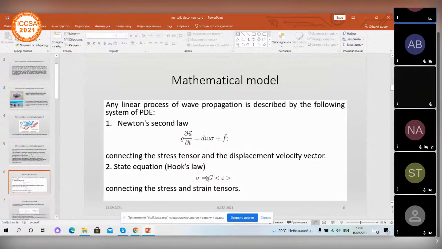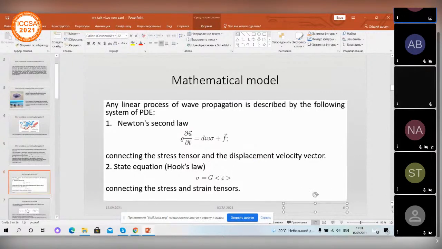So the wave propagation equations for the viscoelastic media are almost the same as for the classical elastic media. The only difference is in Hooke's law.